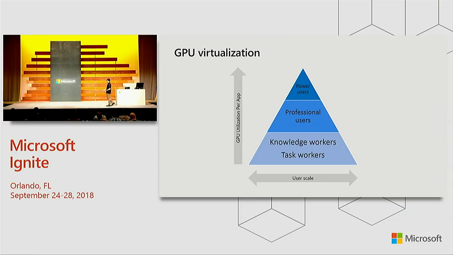So at the bottom, we have knowledge workers, task workers, frontline workers, people that don't really do too much. They're not resource intensive when they're on their session. You have the folks at the opposite end, the power users, designers, engineers, folks that need those CAD apps, MATLAB, all that fun stuff. And then you have the professional users, the ones in the middle.